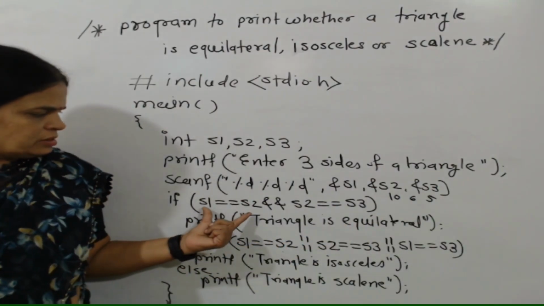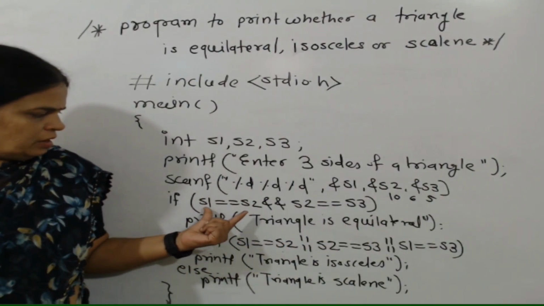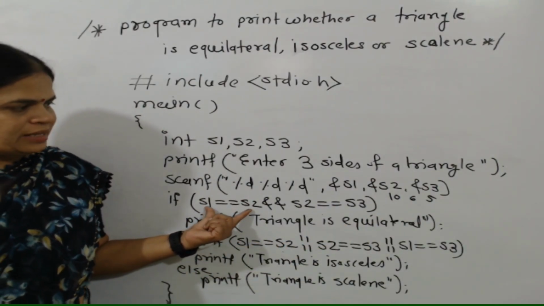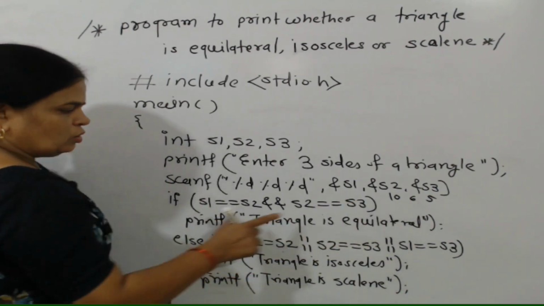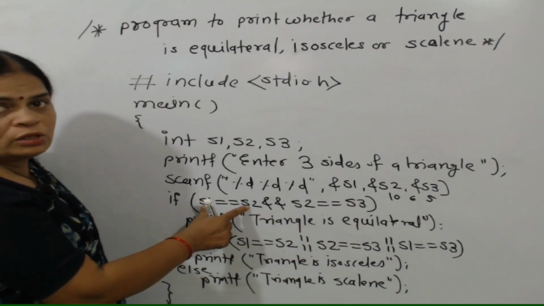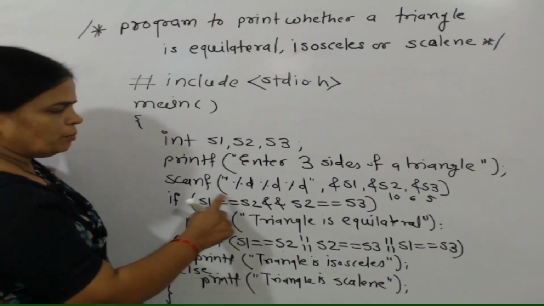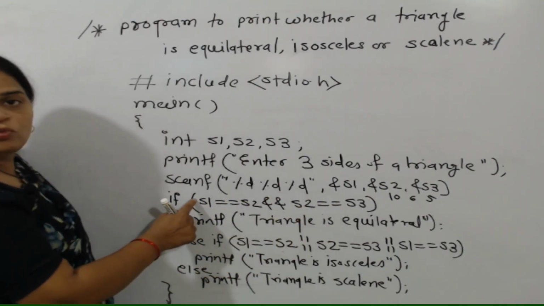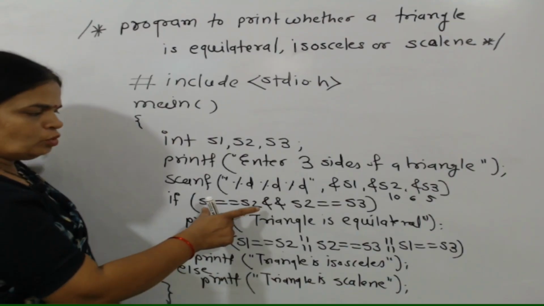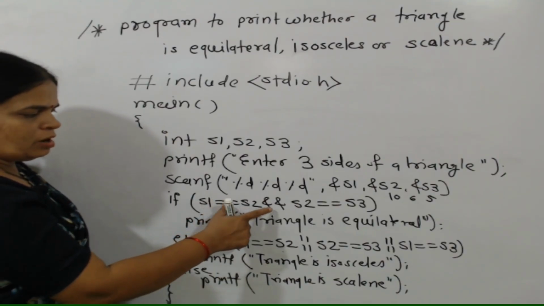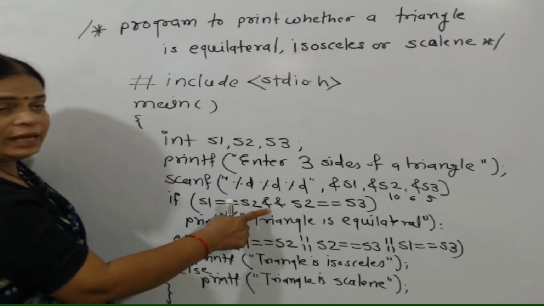So firstly this condition will be tested: if S1 equals S2, that is, 10 is equal to 6. No, this condition is false. As the first condition is false, the complete AND will be false. You know the truth table and how the AND operator is calculated.